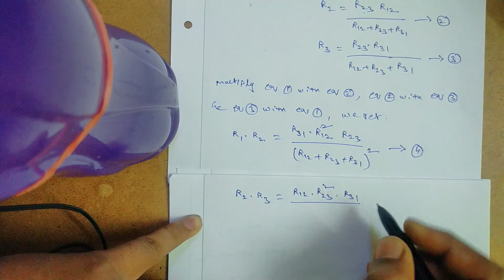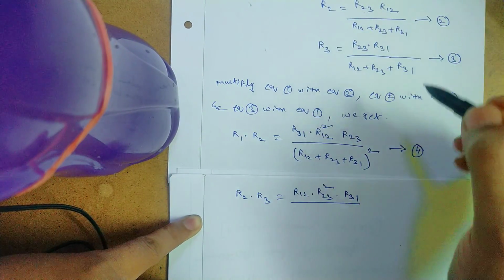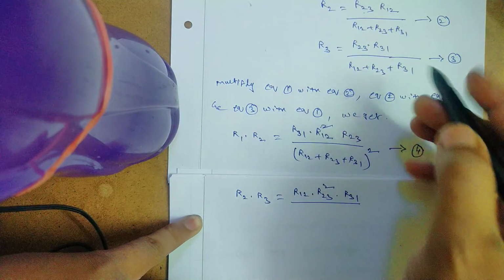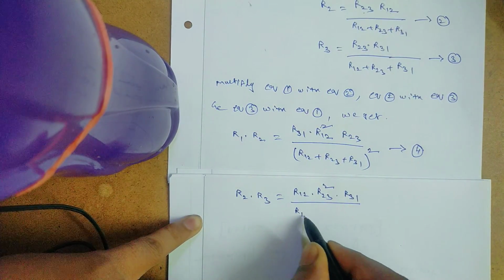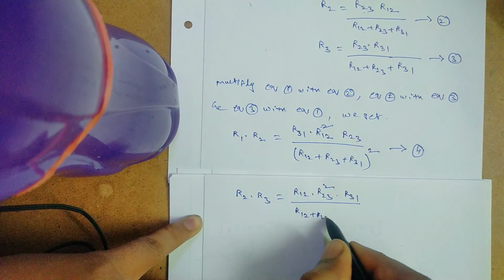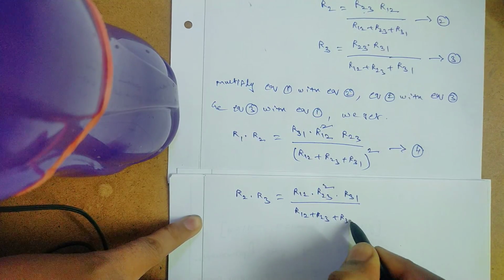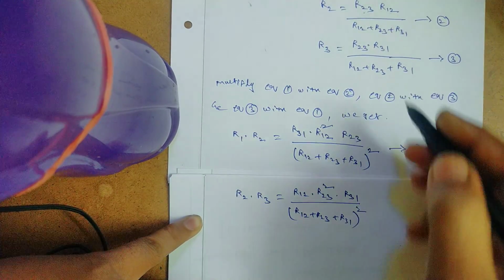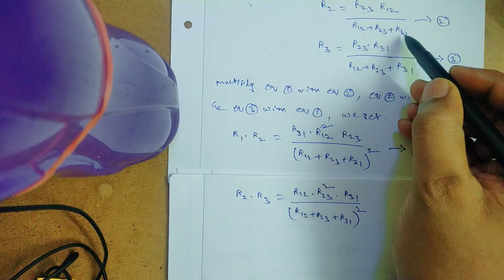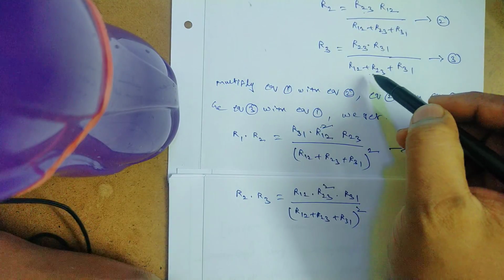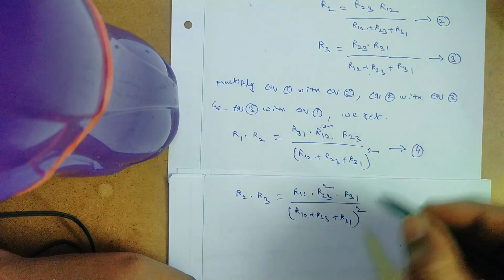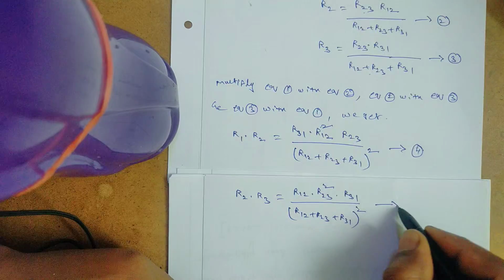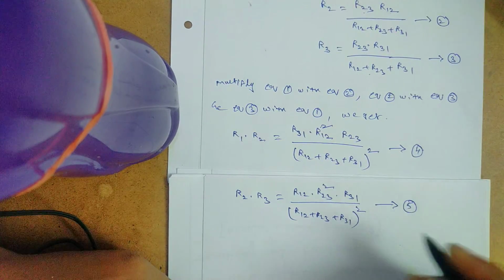This is the numerator, multiply both the numerators, and coming to the denominator, both are same, R12 plus R23 plus R31 whole square. Let this be expression 5.